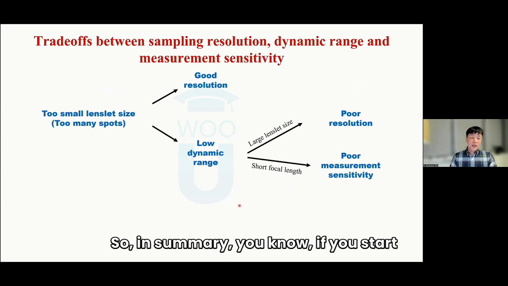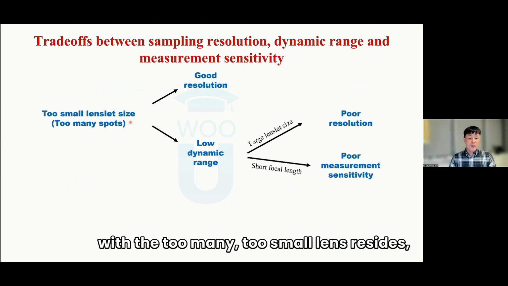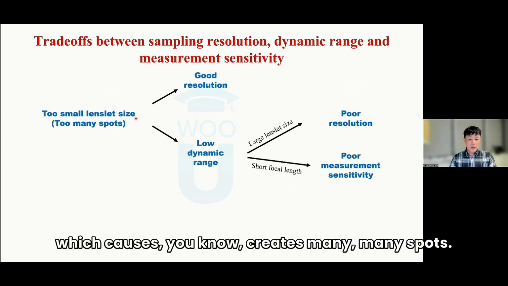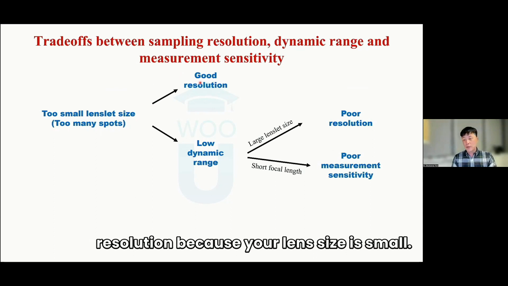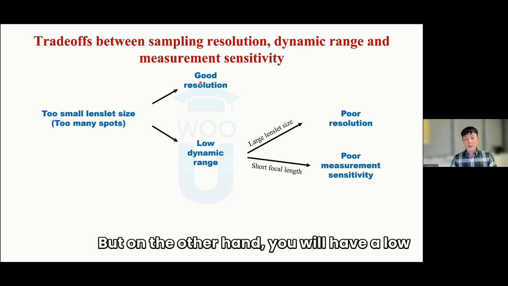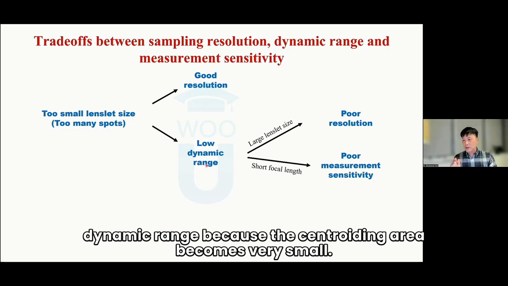So you may have trouble measuring relatively small magnitudes of aberrations. In summary, if you start with too small a lenslet size, which creates many, many spots, you would have good sampling resolution. But on the other hand, you will have a low dynamic range because the centroiding area becomes very small.